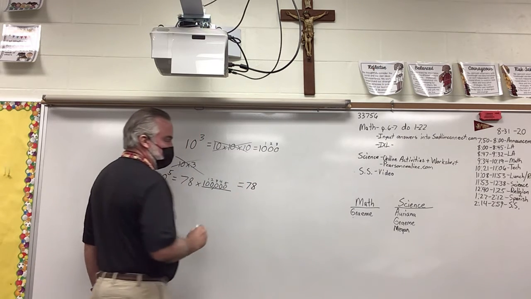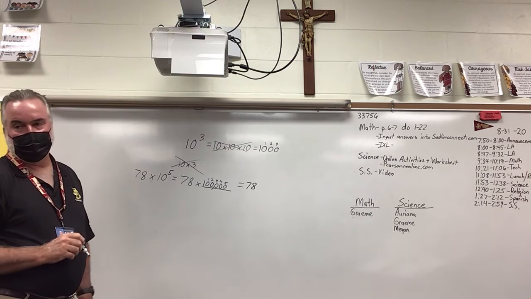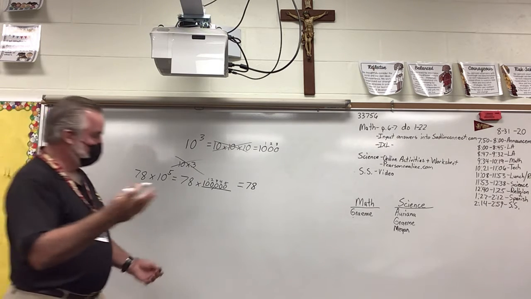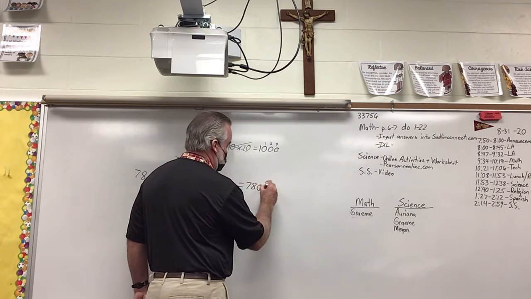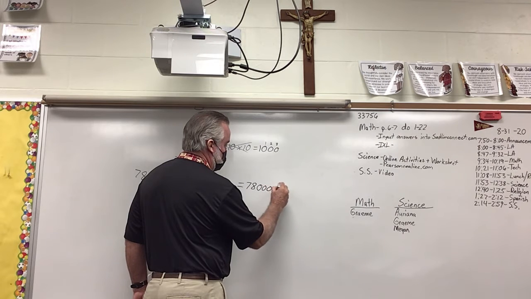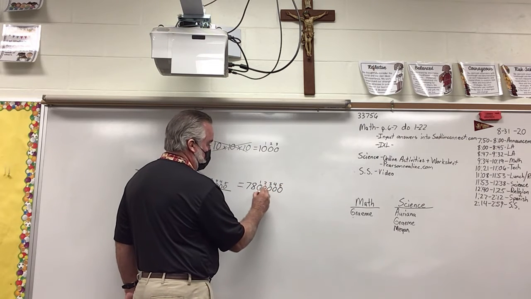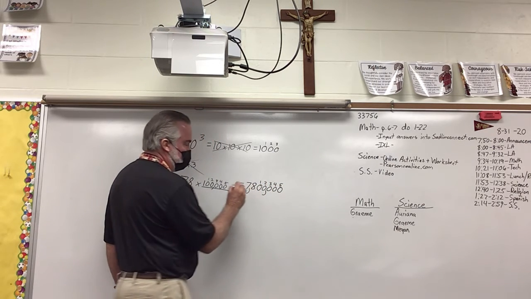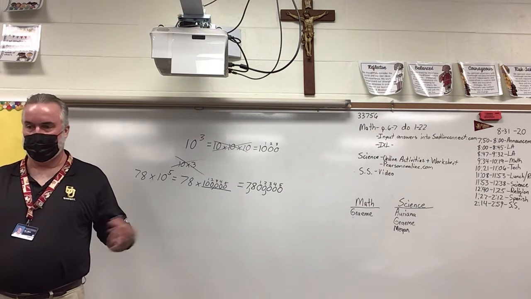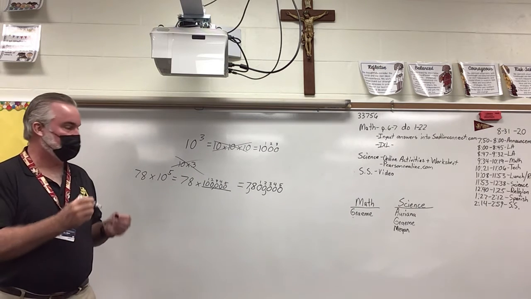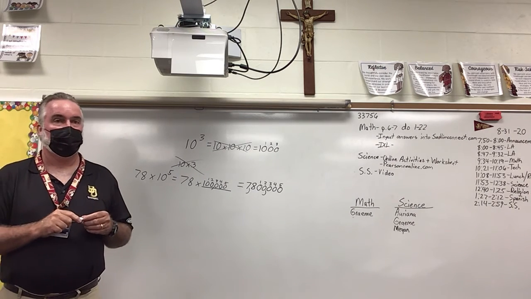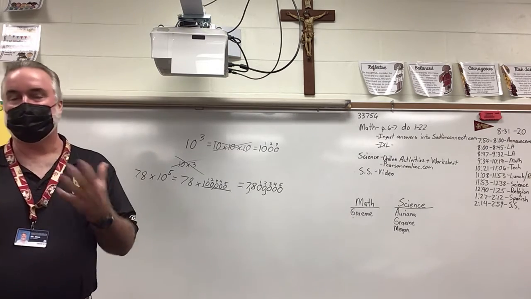Let's put it as 78 and what? 5 zeros. 1, 2, 3, 4, 5. So it's 7,800,000. Okay? Now, this is multiplying.